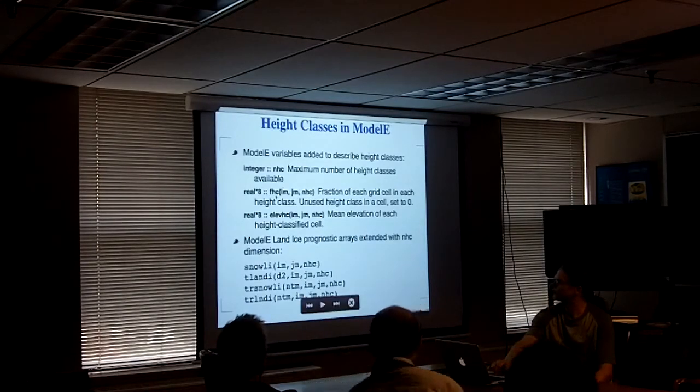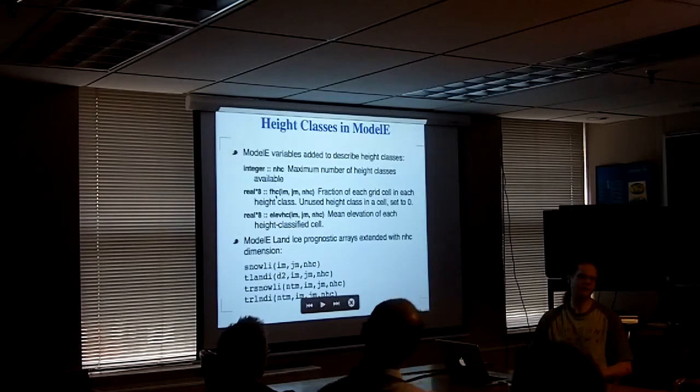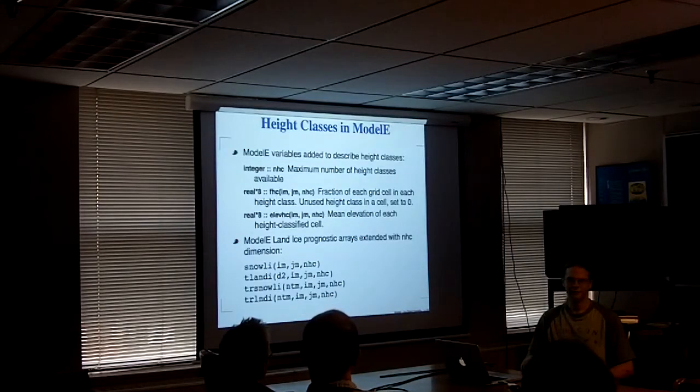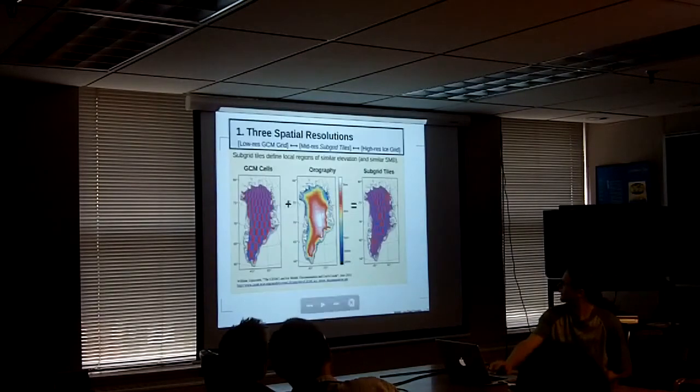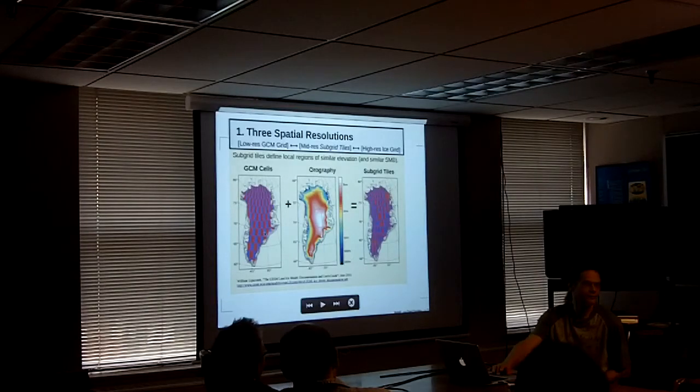Then you stick these numbers into FHC and give it to ModelE, and that's all ModelE needs to know. ModelE does not actually know the shape of these grid cells. It only knows that this grid cell is divided into 3: one has 20%, one has 40%, one has 20%.